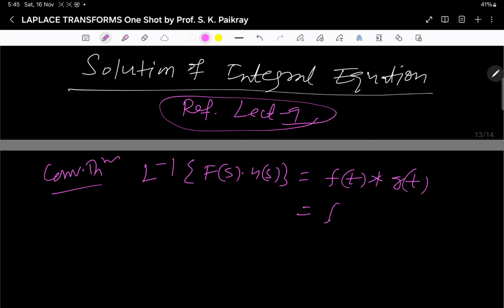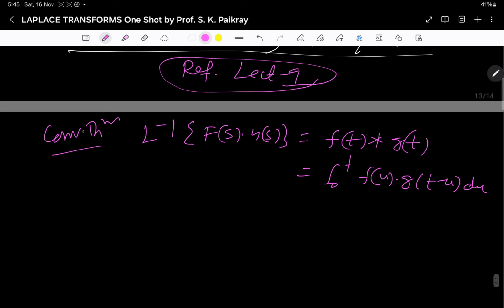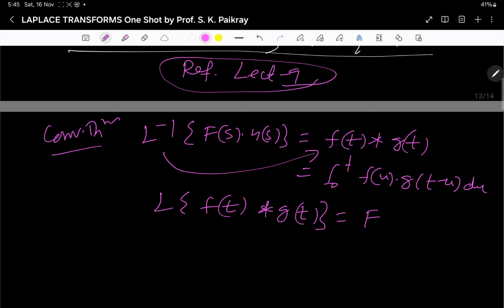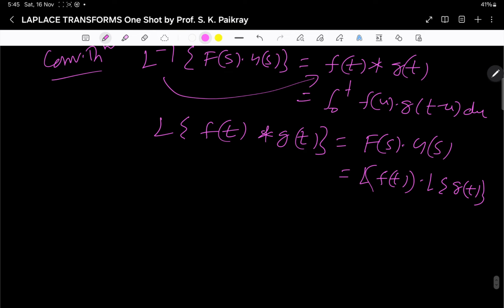So it is the integral 0 to t of f(u) g(t minus u) du. So taking L to this side, my L of f(t) convolution g(t) is simply F(s) into G(s), or it is nothing but L of f(t) into L of g(t). So this is what I am going to use.